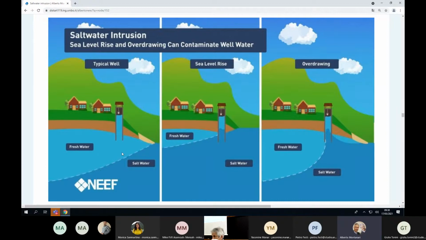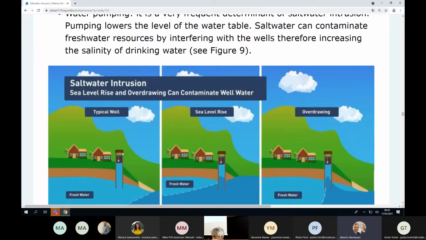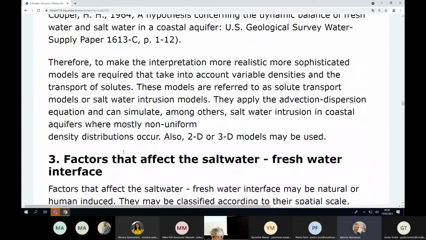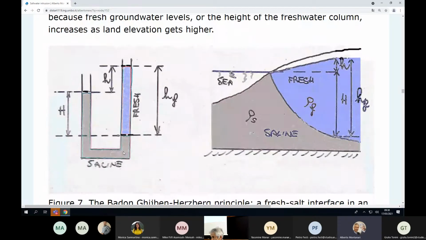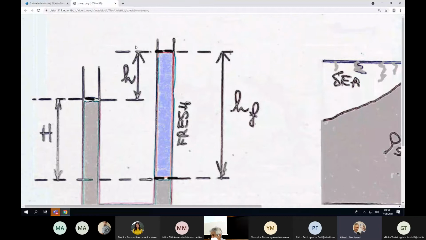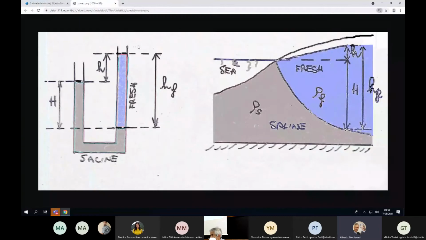Okay, now let me go to a figure which is drawn by hand here. Look at the figure on the right. Let me just open it in another window. As I said, look at the figure on the right. You see that there is the land on the right with the fresh water.